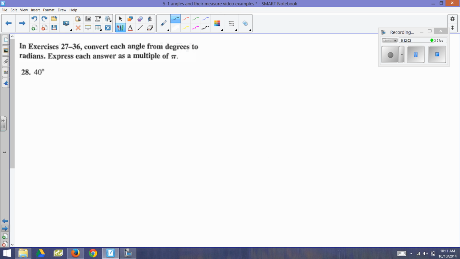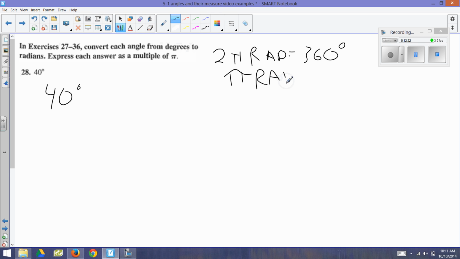Convert each angle from degrees to radians. Express each angle as a multiple of pi. I have 40 degrees. Remember that 2 pi radians is equal to 360 degrees. So pi radians is equal to 180 degrees. So I'm going to multiply that.